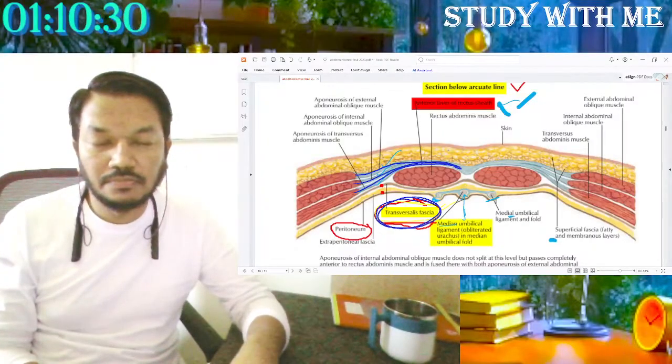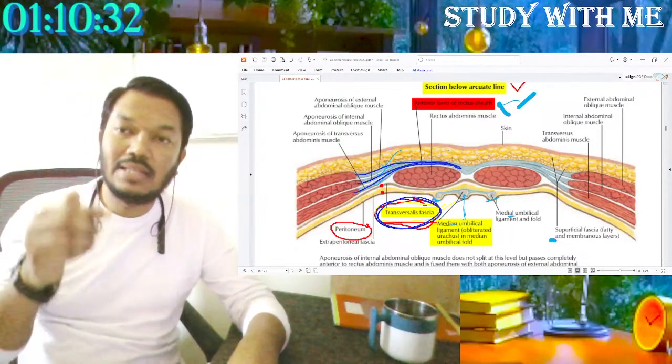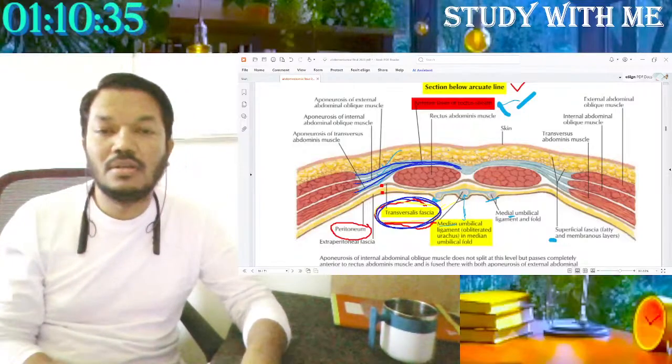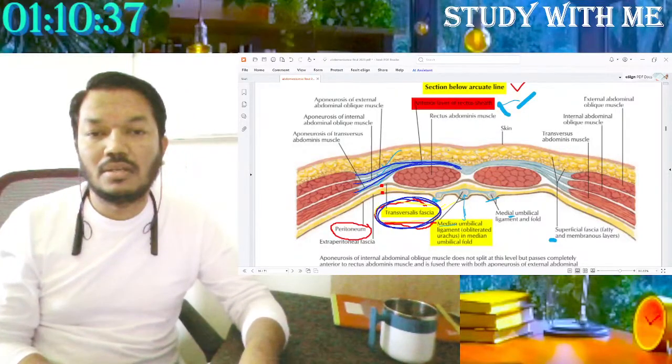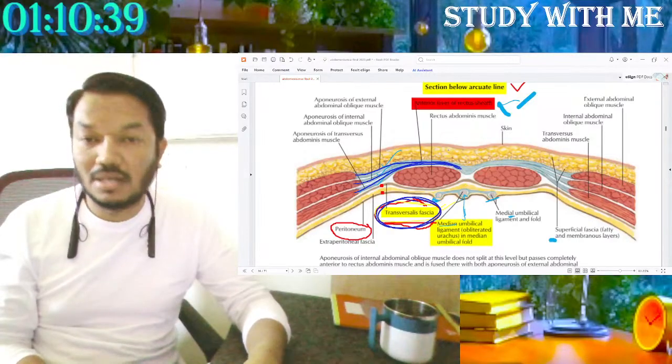In that pre-peritoneal fold, there will be the median umbilical ligament and the lateral umbilical ligaments.